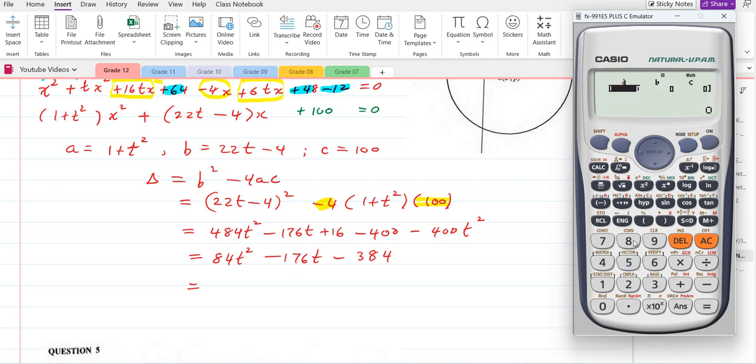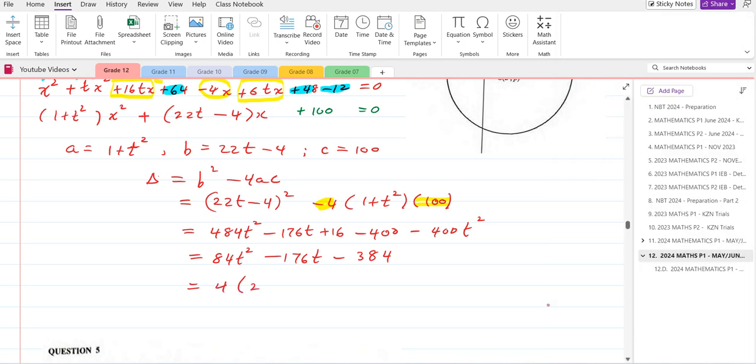We got 84, minus 176 and minus 384. Yeah, so it does factorize. It's factorizing into 7 and 3. That's 21. So I can only take out 4 as a common factor, guys.